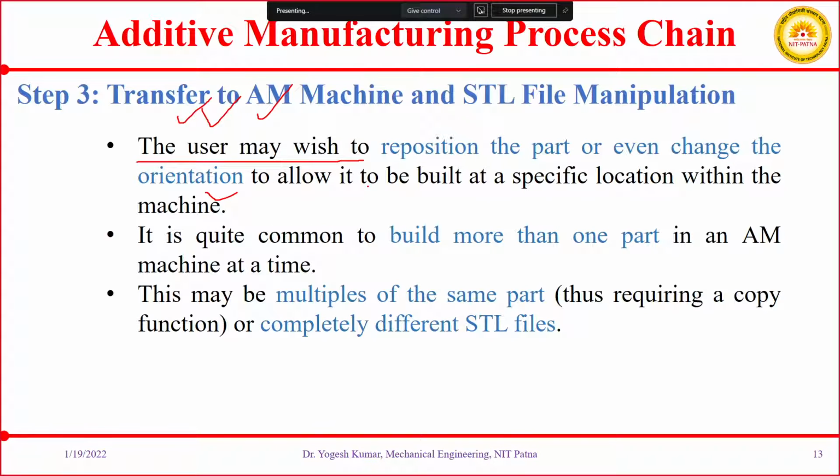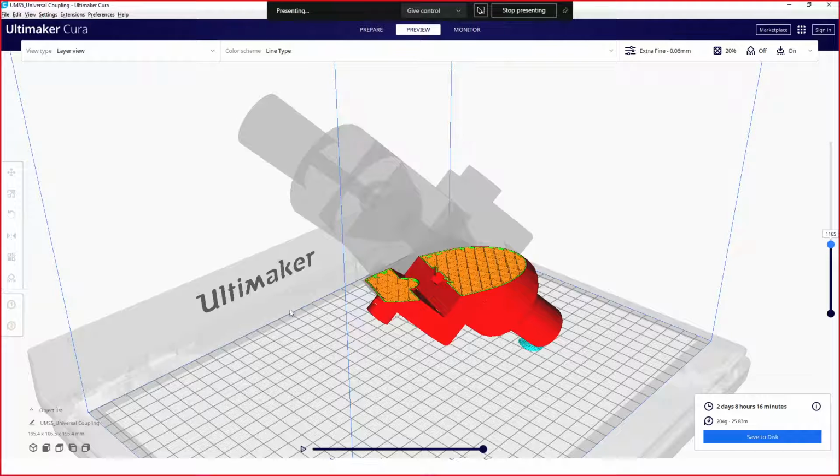So you can reposition the part. You can even change the orientation, and you can put your STL file at a specific location within the bed of your printer, wherever you want to print your component.